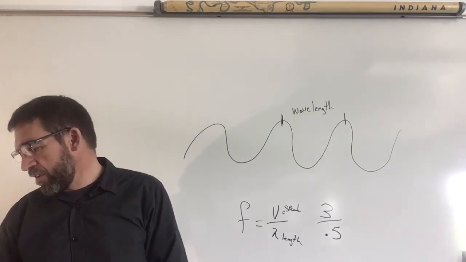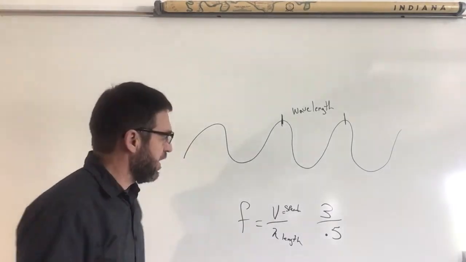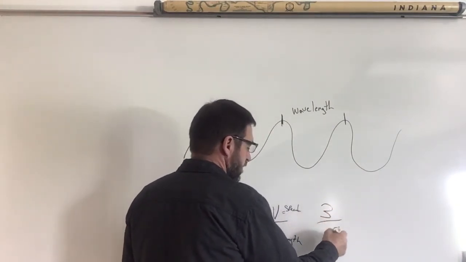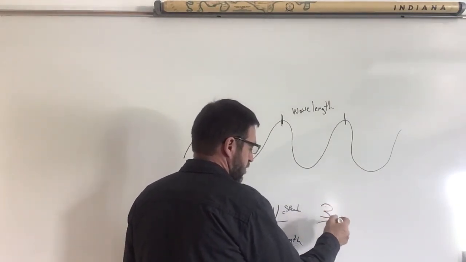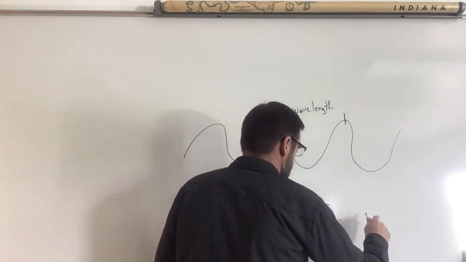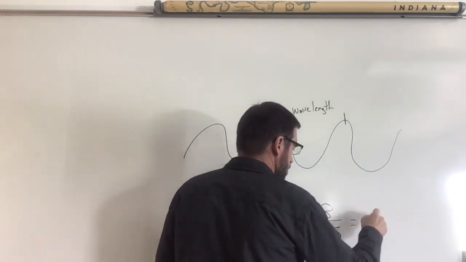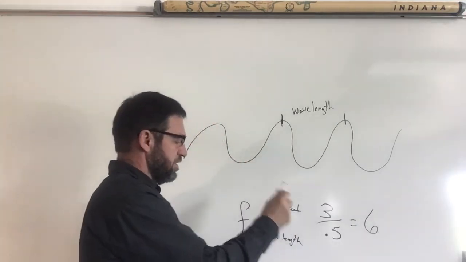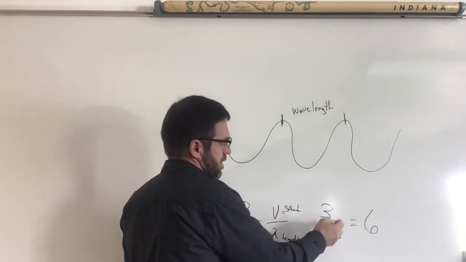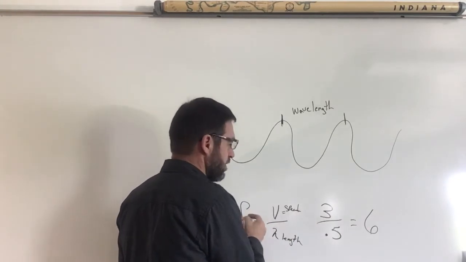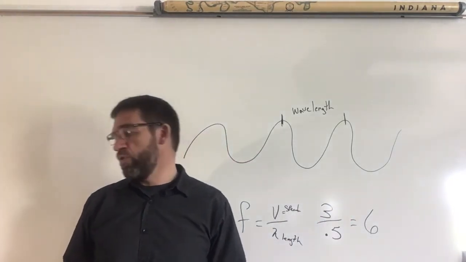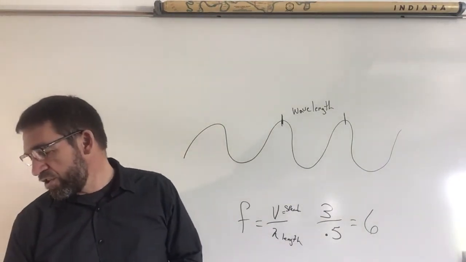So we simply go 0.5 divided by 3. That equals 0.6. Actually, this is just a sixth. And so our frequency is 0.6, and that is my Hertz, or my Hz.